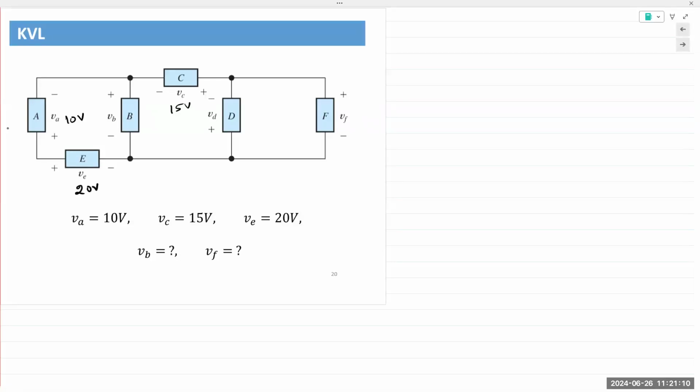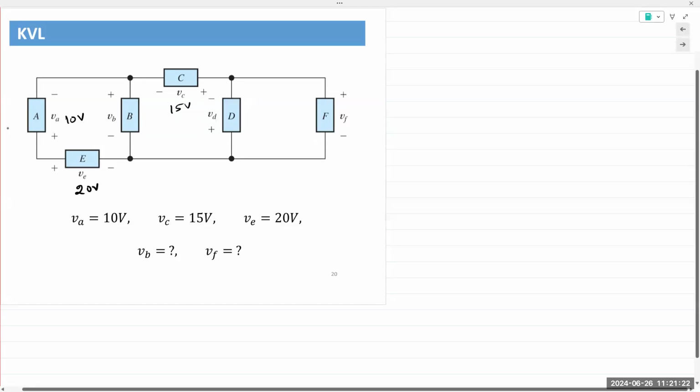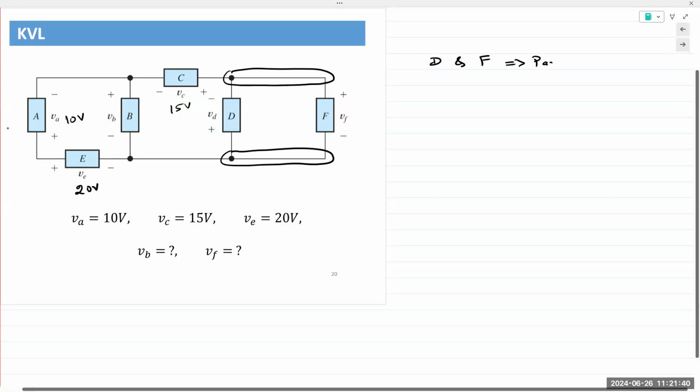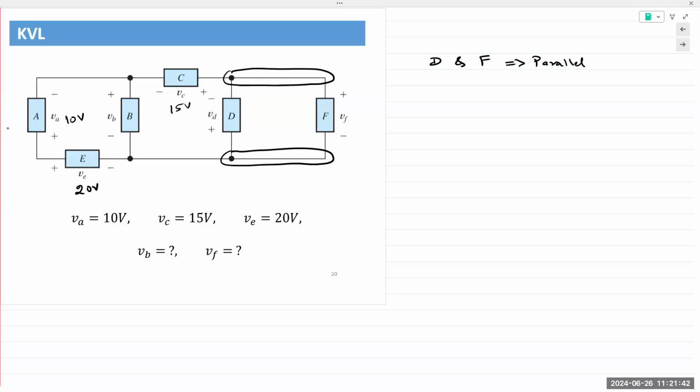So VB and VF, well, first thing we can see is D and F are connected on the far right, and both terminals of D and F are connected at the top and at the bottom without a break. And so we can state then D and F are both in parallel. And if D and F are both in parallel, they have the exact same node at the top and at the bottom.